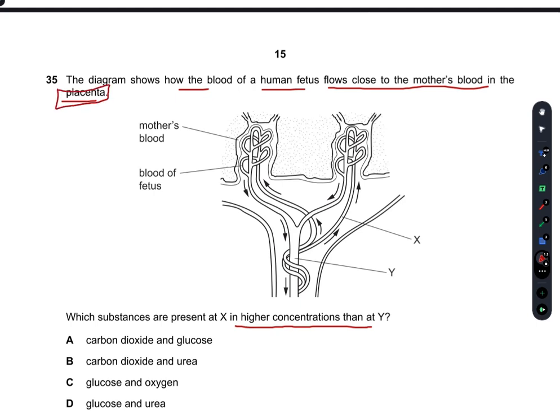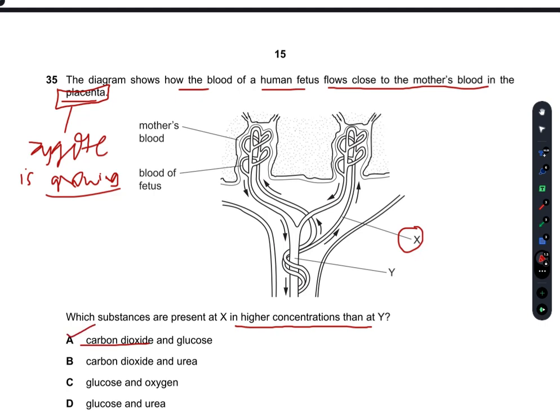The placenta has been established, meaning the zygote is now growing. So this X is coming from the placenta, I guess. Yes, it is. So which substances are present in X in higher concentration than at Y?